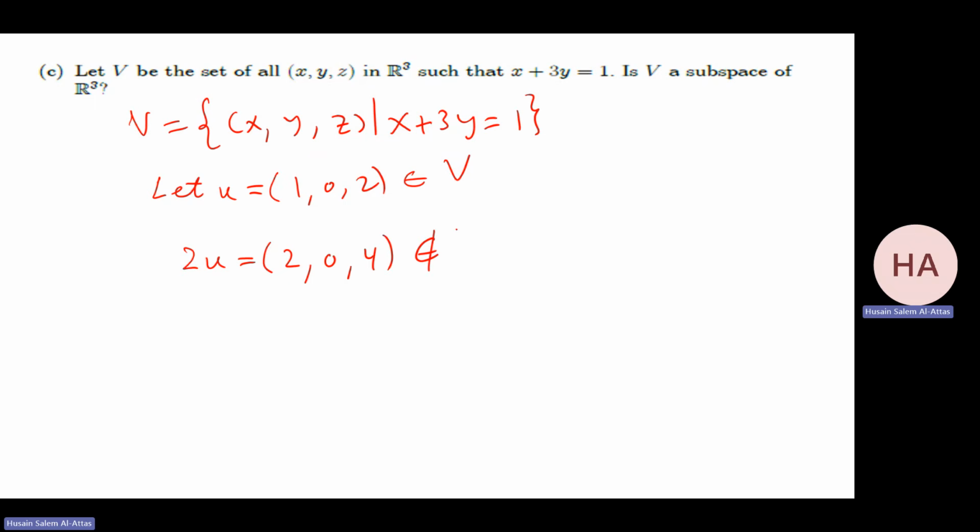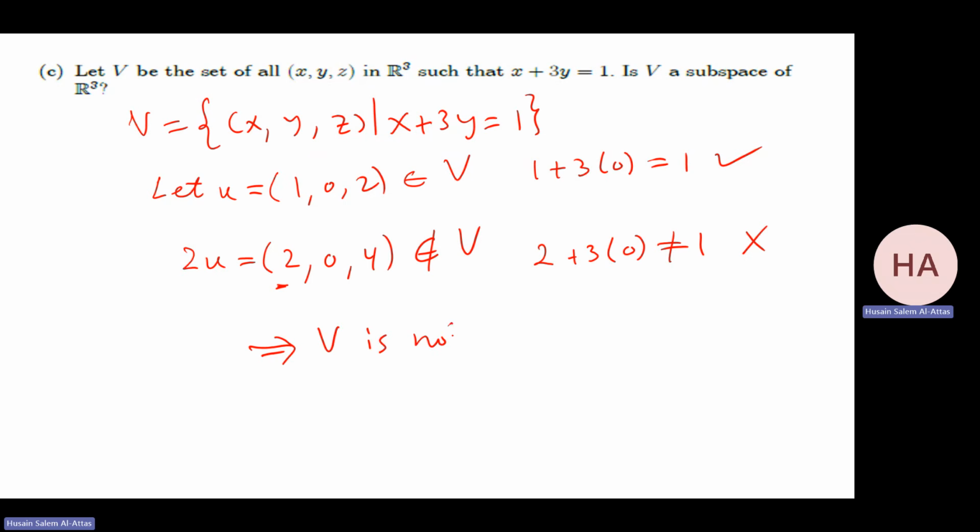This does not belong to V. Note here, 1 plus 3 times 0 is equal to 1, so it's there. But 2 plus 3 times 0 is not equal to 1. So V is not a subspace. That's mainly the idea. You just need to do examples to show that it's a subspace or not.